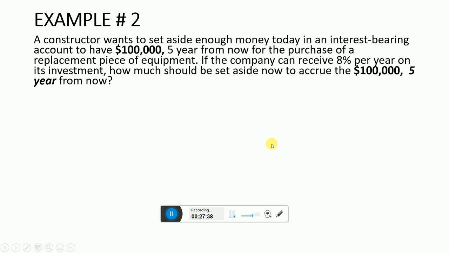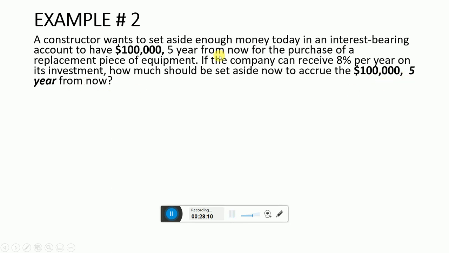If a constructor wants to set aside enough money today in an interest bearing account to have $100,000 5 years from now for the purchase of a replacement piece of equipment, and the company can receive 8% per year on its investment, how much should be set aside now to acquire $100,000 5 years from now?